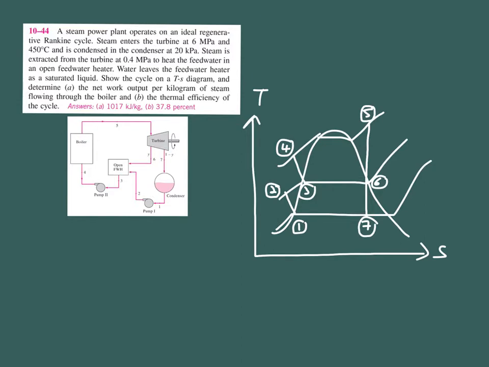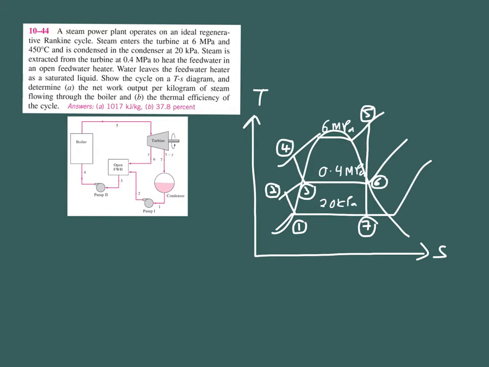Alright. So the pressure of your turbine is 6 megapascal. And then your condenser is 20 kilopascal. And the one that's going to enter your open feed water heater is 0.4 megapascal.